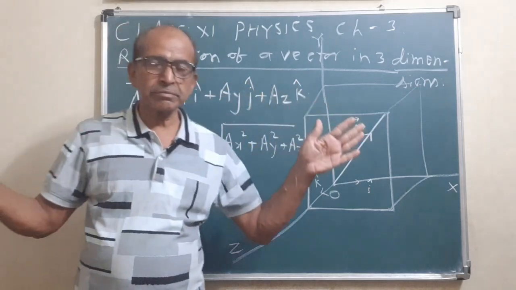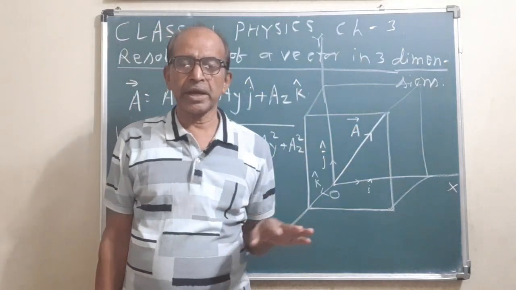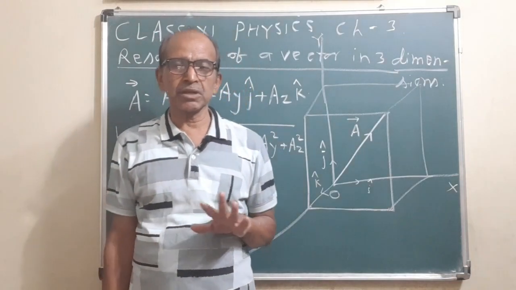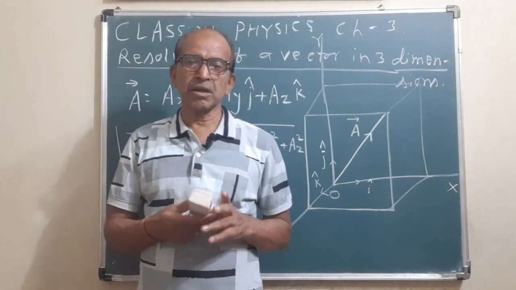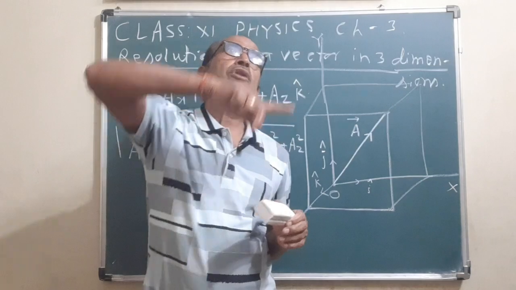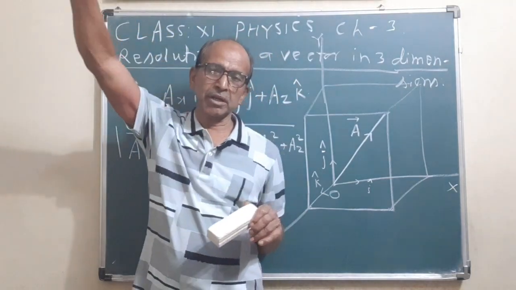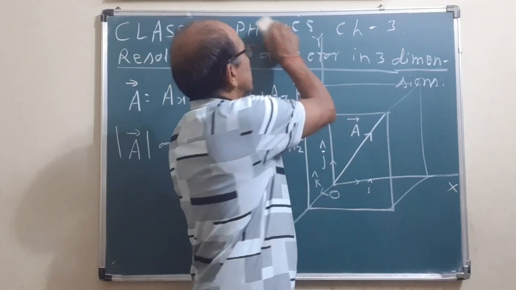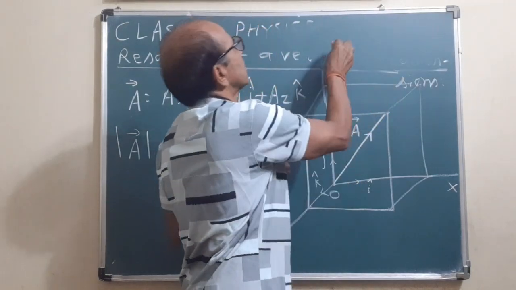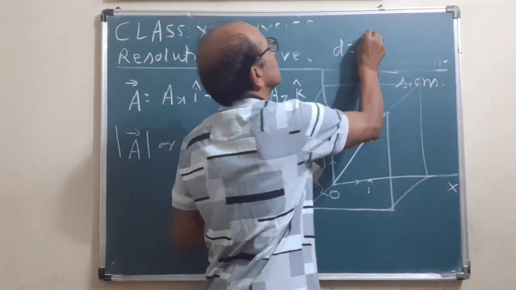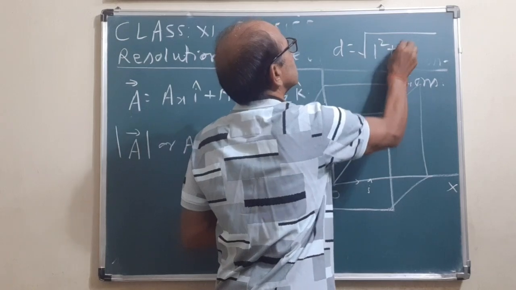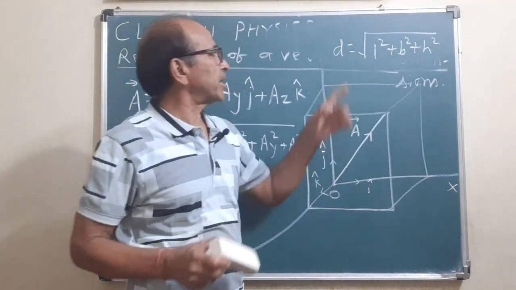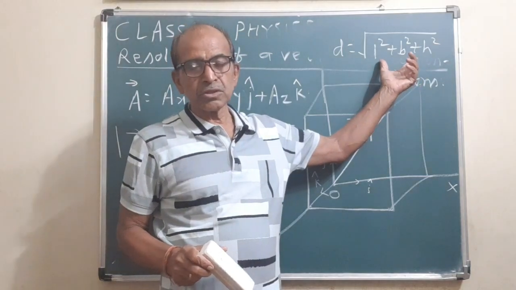If this room is in cuboid form, with x-axis, three dimensions, length, breadth, height. So you can consider the room diagonal. In Class 10th you have read the formula for diagonal: d is equal to under root l square plus b square plus h square, length, breadth and height.